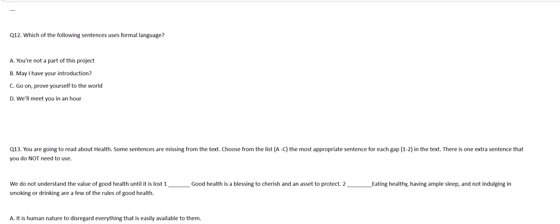Formal is nothing but professional. The sentence should be polite, clear, and a bit professional, whereas informal means a bit casual, friendly, conversational, or a bit direct and rude.